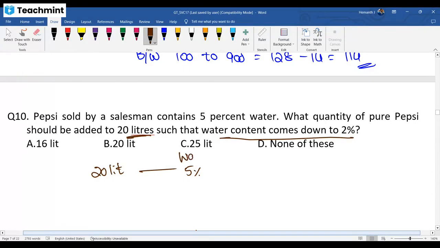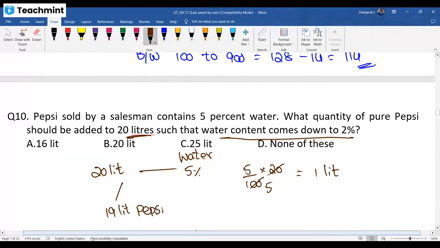What is 5%? 5 by 100 into 20, which is nothing but 1 liter. Among 20 liters, 1 liter is water, 19 liters is Pepsi content.